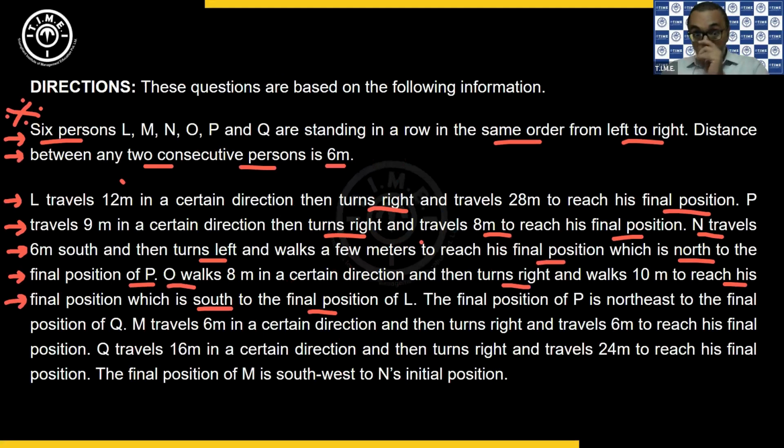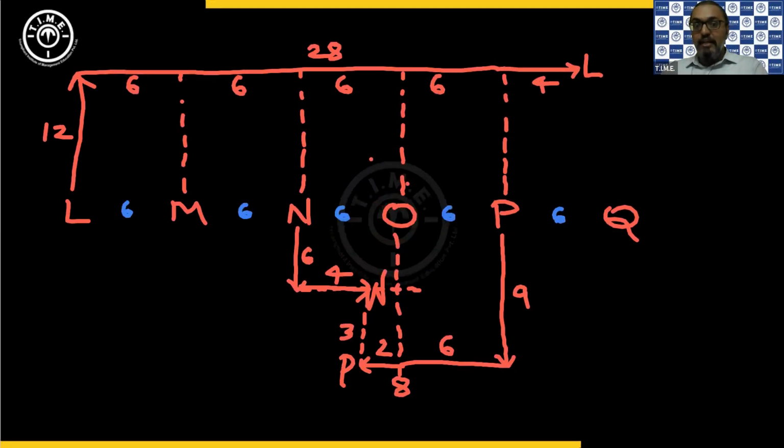Now he says O also walks 8 meters in a certain direction and turns right. See, this is how you have to confirm. L and O both are walking in a certain direction and then taking a right turn. And then he says that O's final position is south of L's final position. So that's why they both take north and then right side. So O walks 8 meters now.